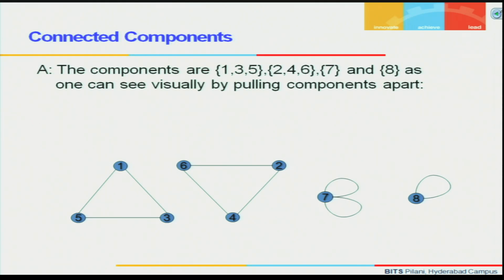This particular graph that you have got, see whether it is connected or not. If it is connected, it is definitely only one maximal connected subgraph, only one component will be there. If it is not connected, check out how many components are there. That is what the exercise is. Okay.